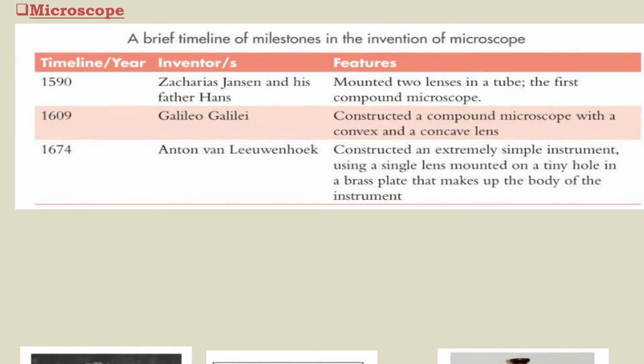In the previous chapter on microorganisms, I also told you about the microscope. It is a device that helps in viewing microscopic objects. Microscopic means very, very small objects which are not visible with our naked eye. So with the help of a microscope, we can easily find this out.